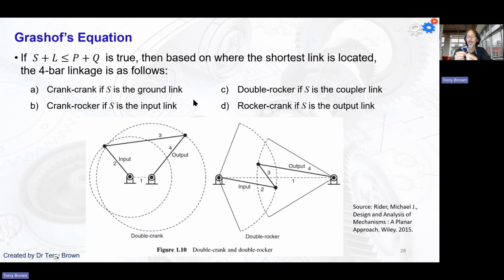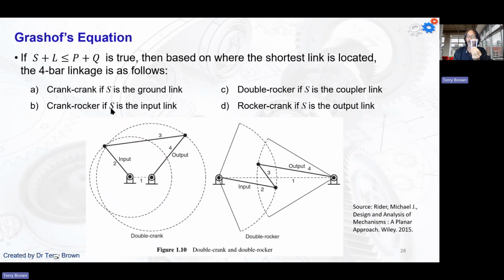If we make the shortest link, which is this one here in my little mechanism, the ground, it becomes a crank. We saw that before, right? So here, in order for this part to become horizontal, in order for it to rotate around, this needs to get longer. So this one's a crank.